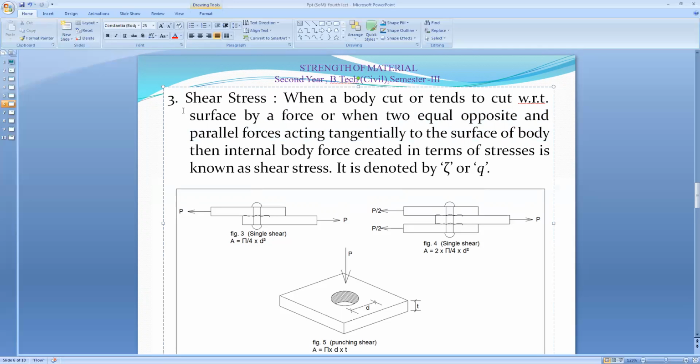Such forces are called shear forces, and the stresses developed to maintain the equilibrium of that body are known as the shear stresses.